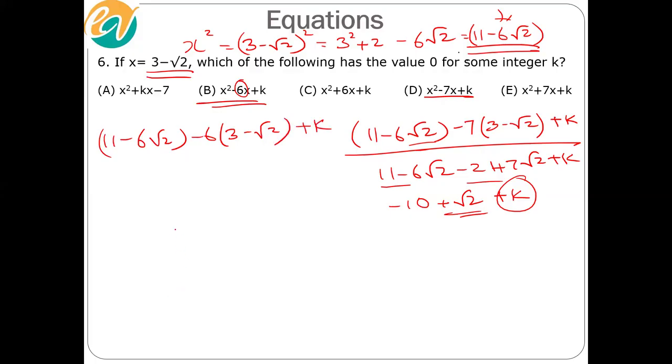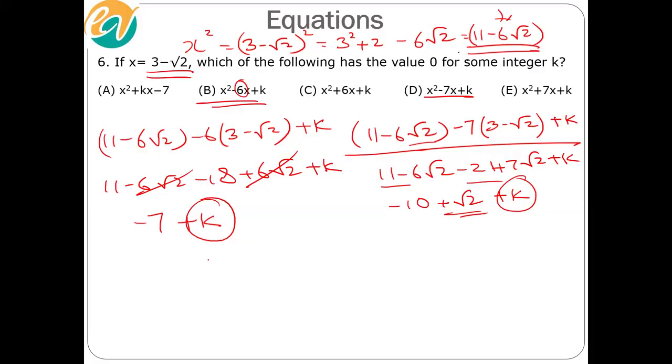Here, if you notice, root 2 cancels out. So 11 minus 6 root 2 minus 18 plus 6 root 2 plus k. This is where root 2 cancels out. So 11 minus 18 is minus 7, plus k. So obviously for the value of k equal to 7, this will be 0.